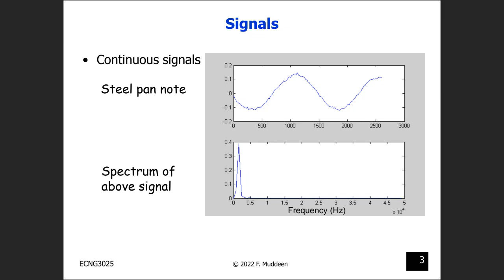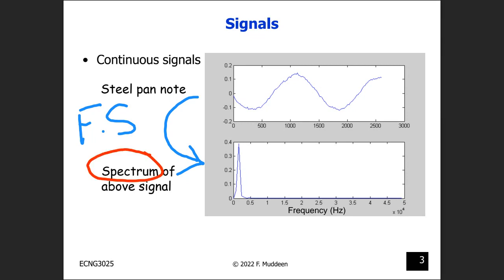If the signal is continuous, we can go to the frequency domain. If it's a periodic signal, remember, you do the Fourier series. If it's non-periodic, you do the Fourier transform. Either way, you go from time to frequency, and the frequency representation of the signal is what we call the spectrum.